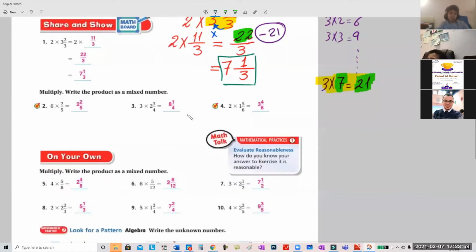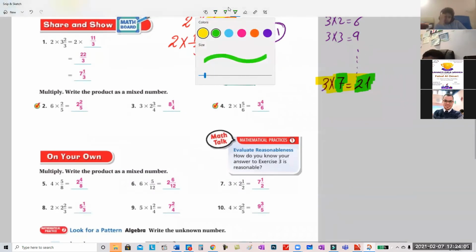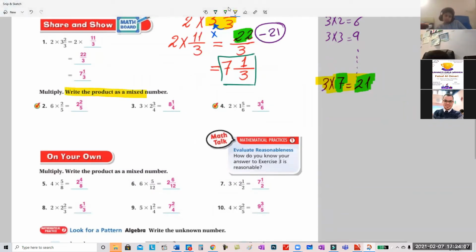What about this? Multiply. Write the product as a mixed number. 6 multiplied by 2 over 5. Who can help? What about Fahd? Okay, yes, Fahd. How can we solve that?